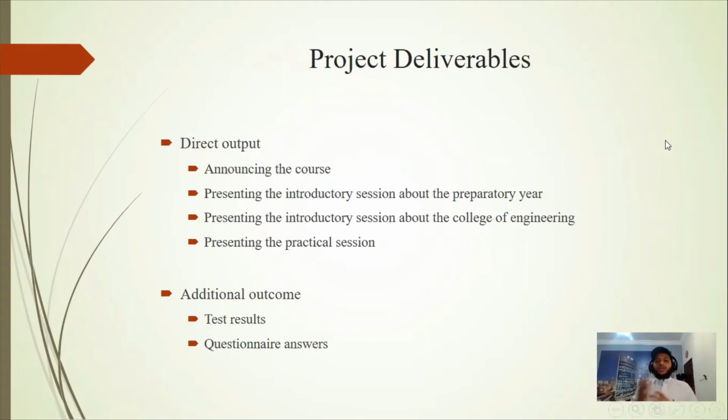Then we'll go to the deliverables. There are two main things in the deliverables: the direct output, which we will deliver to the students, and the additional outcomes that we will have by the end of the project. For the direct output, we have four main deliverables. First, announcing the course. Second, presenting the introductory session about the university and preparatory year.